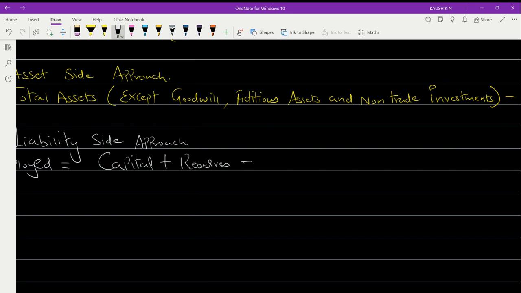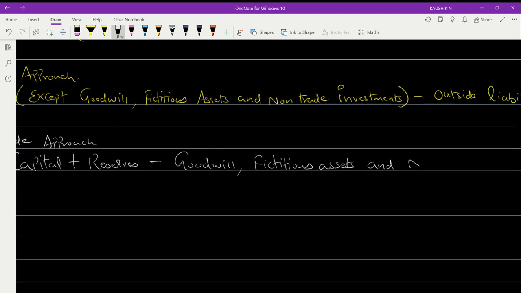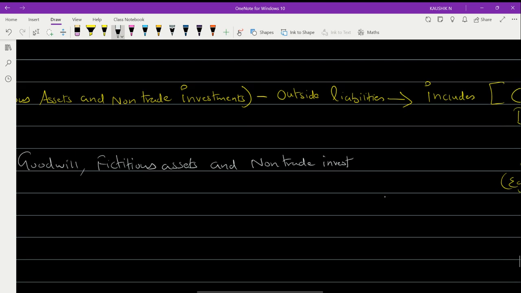the value of goodwill, fictitious assets and non-trade investments.